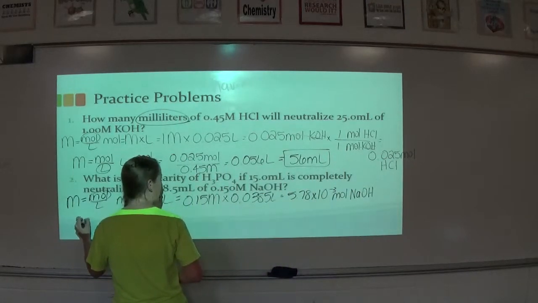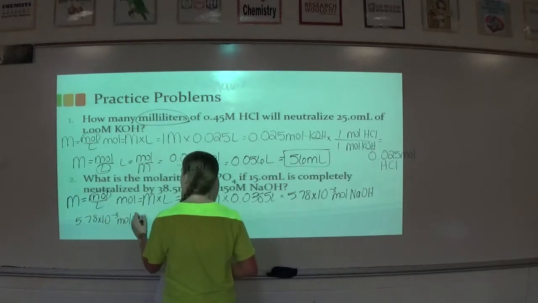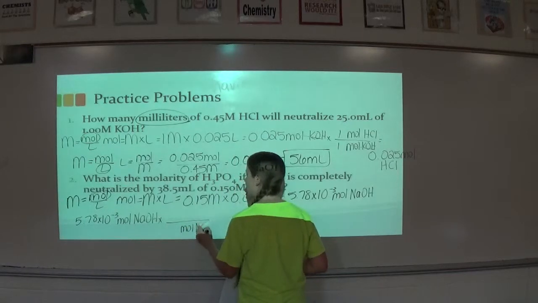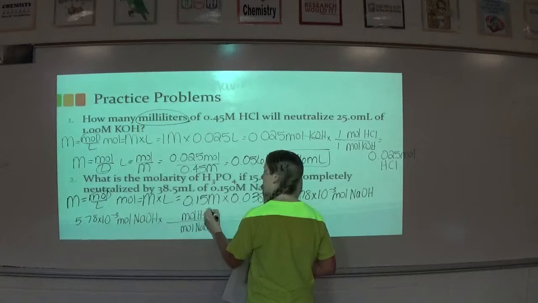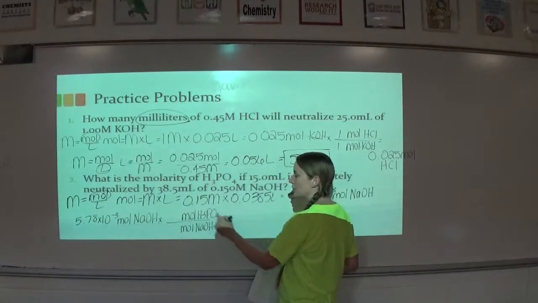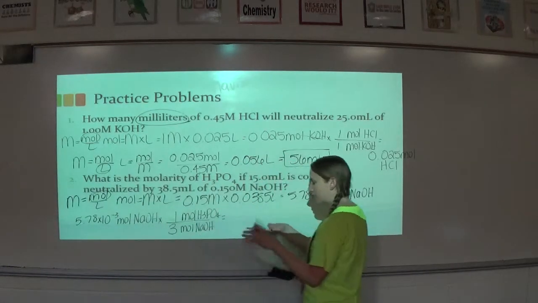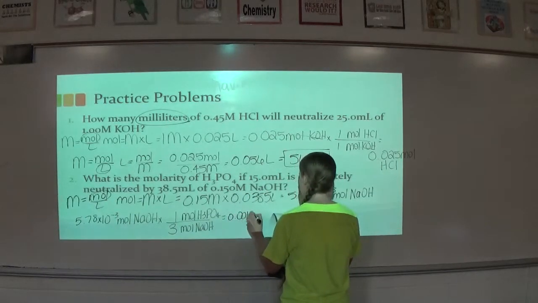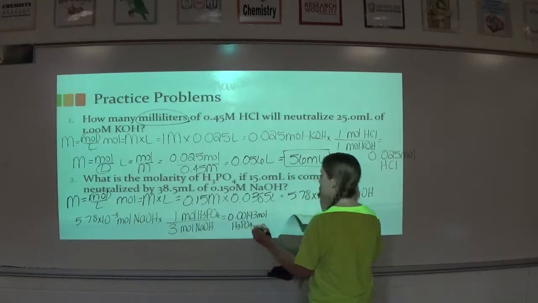So I start with my 5.78 times 10 to the negative 3 moles of NaOH. Moles of NaOH go on bottom, moles of H3PO4 go on top. I have 1 OH and 3 H's, so I need 3 OH's, like that. Once I divide by 3, I end up getting 0.00193 moles of H3PO4.